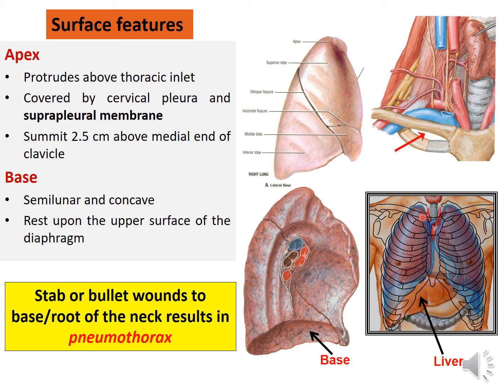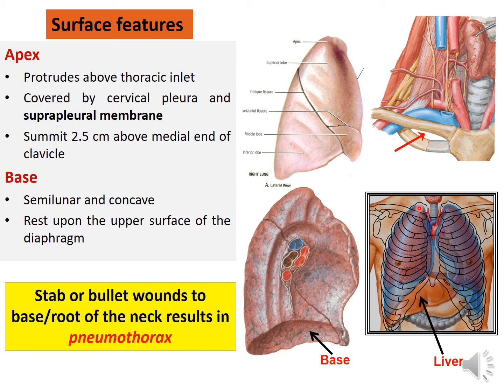We'll begin with the apex. As you see in the picture, the apex is protruding into the root of the neck above the level of thoracic inlet. Hope all of you remember the boundaries of thoracic inlet. This apex is covered by the cervical pleura, and outside the cervical pleura you have the suprapleural membrane.